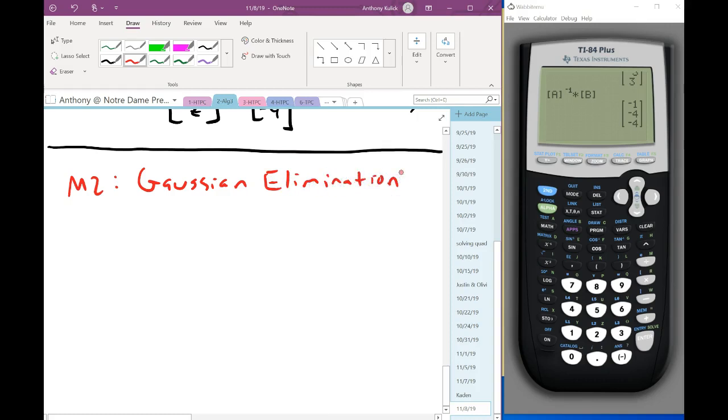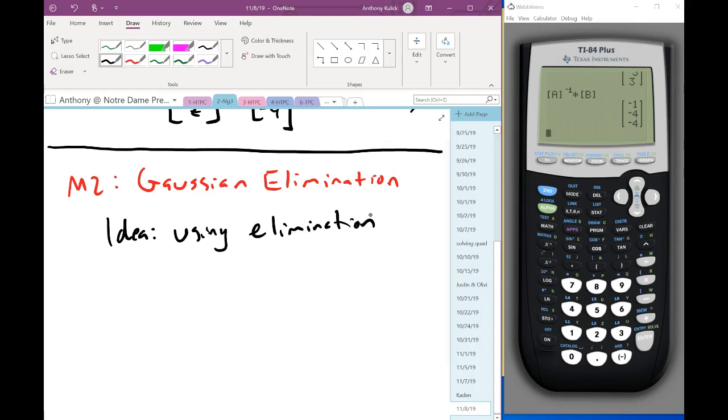And this one is even better. So the idea of Gaussian elimination is using the elimination that we learned before.